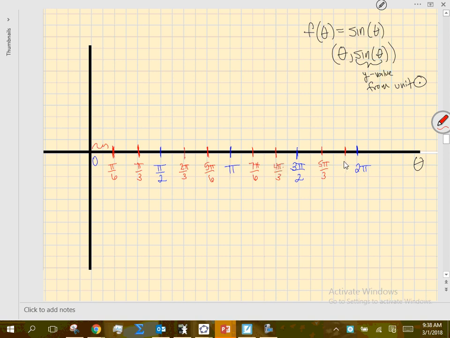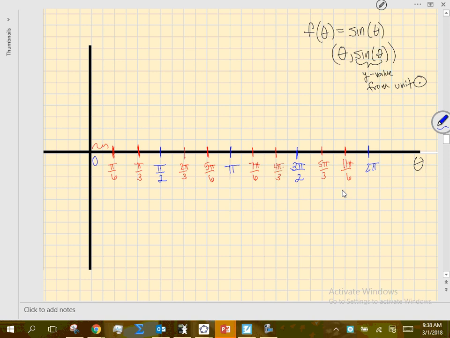This would be 11/6, and my 2 pi went a little short. I'm not too concerned right now about your scale, but we want to be as accurate as possible. All those are evenly spaced with one another, right? So I just counted by 6 all the way from 0 to 2.